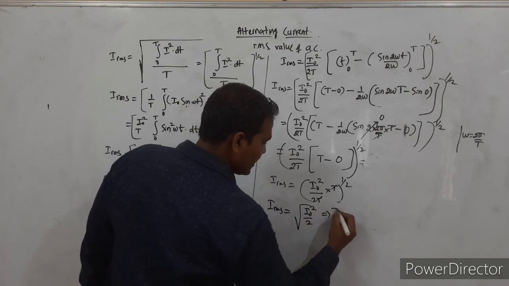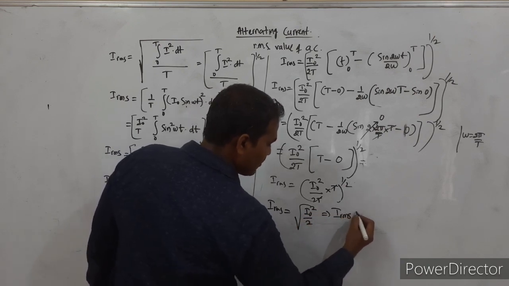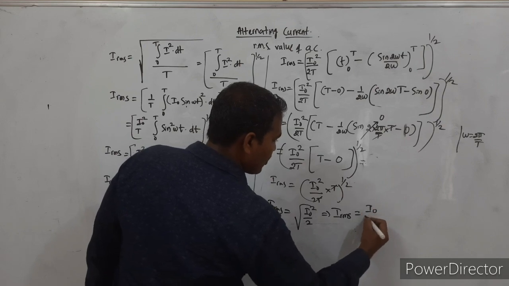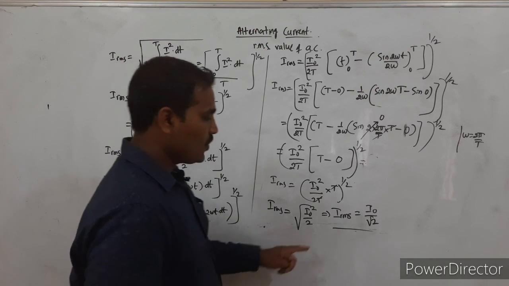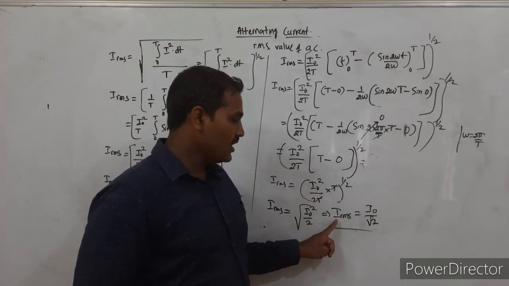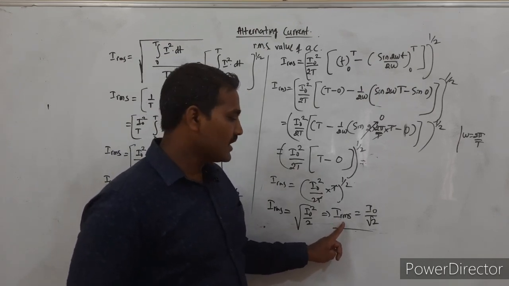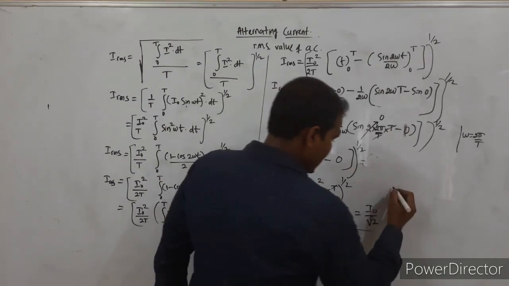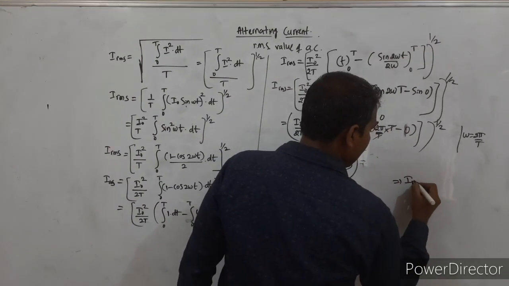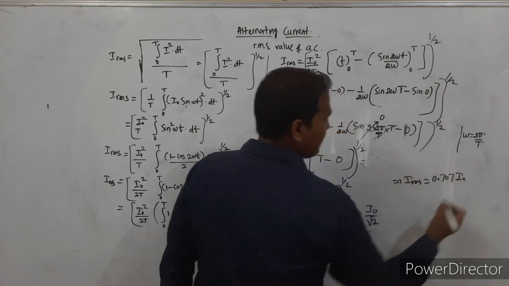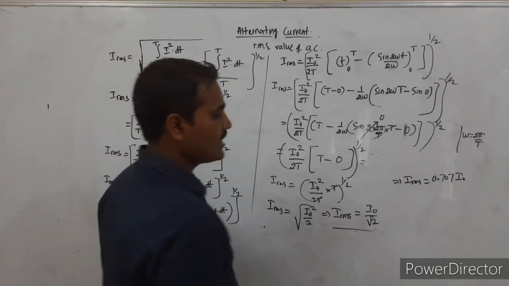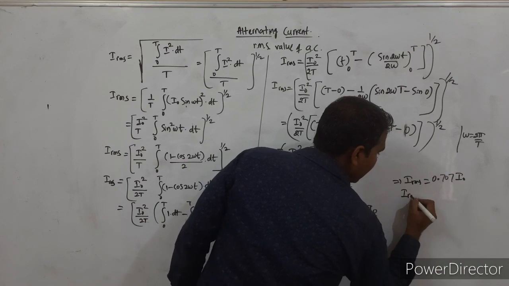This implies I RMS value is equal to I naught divided by square root of 2. So this is the equation for the RMS value of alternating current. Or I can write I RMS is equal to 0.707 times the maximum value of alternating current, or I can write I RMS is equal to what?